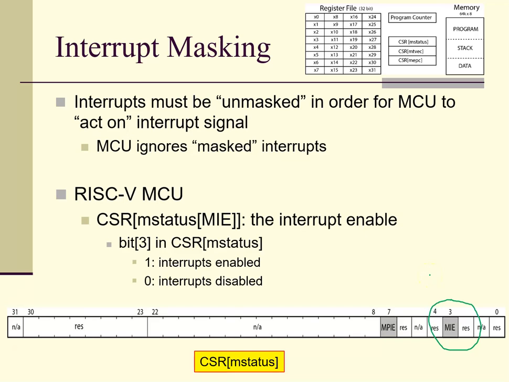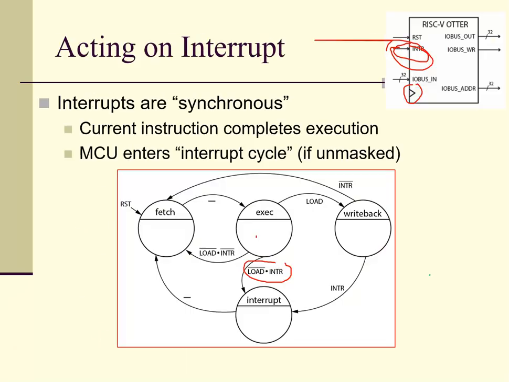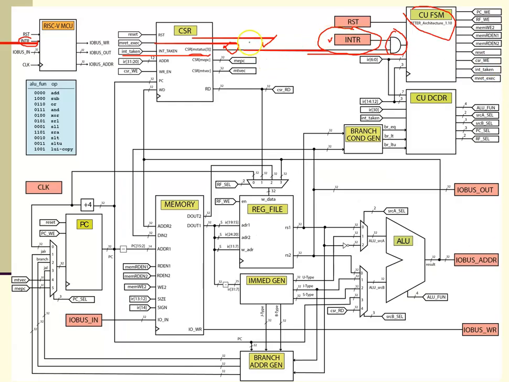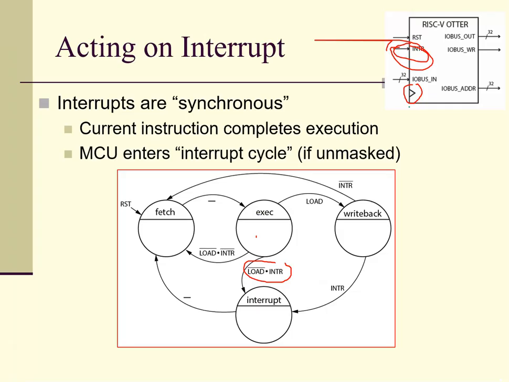M stands for machine, but you can consider it master. This MIE bit is what's feeding out of that CSR module, and it's feeding into that AND gate. I'm going to show that to you. It's this thing right here, coming out of the CSR unit. It's bit 3 of that CSR status register, and what it's going to do is turn this AND gate on and off. That's all it is.